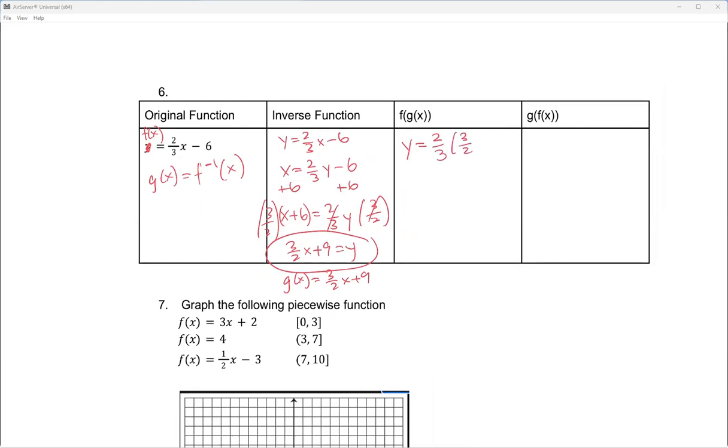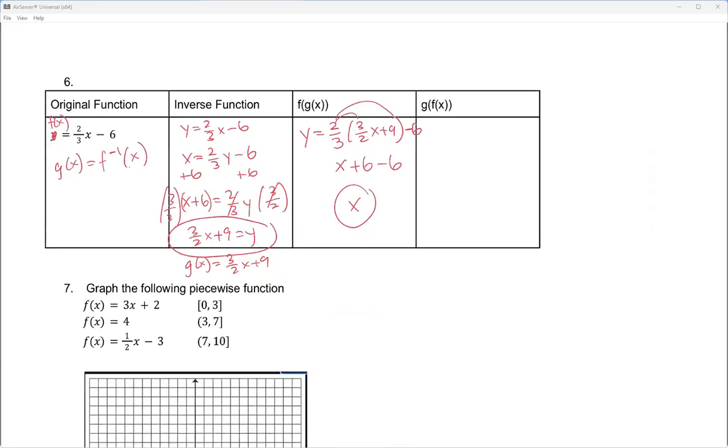Right? 3 over 2x plus 9 minus 9. No, plus minus 6. Distribute. So it will be x plus 6 minus 6, and that's x.